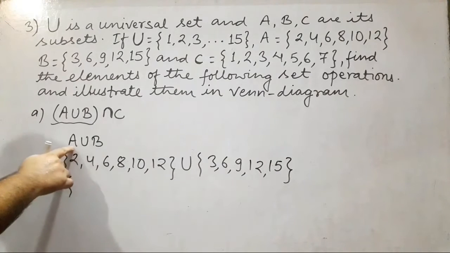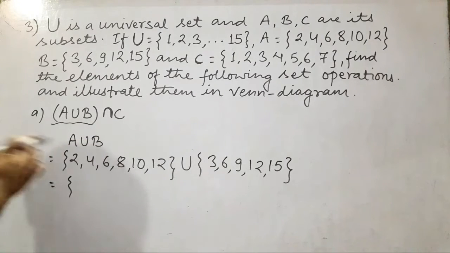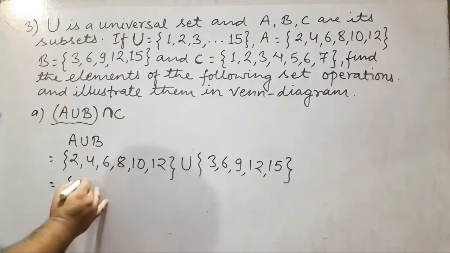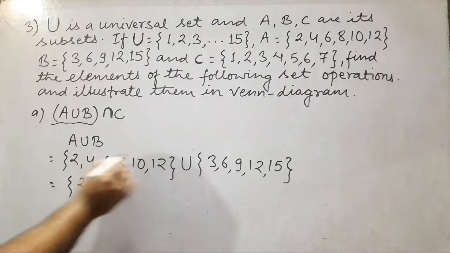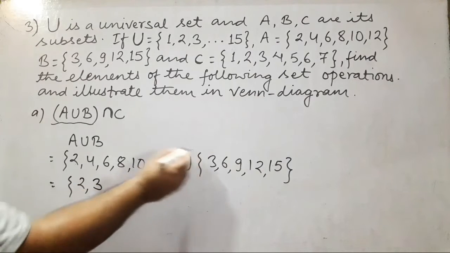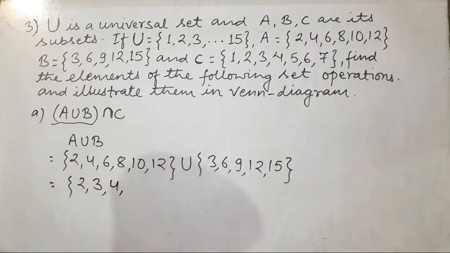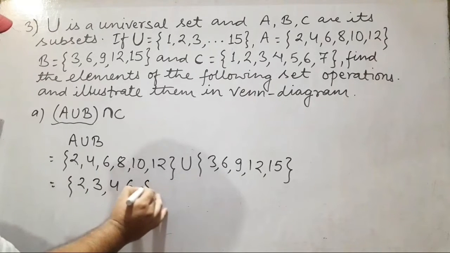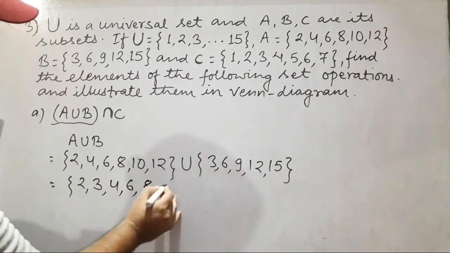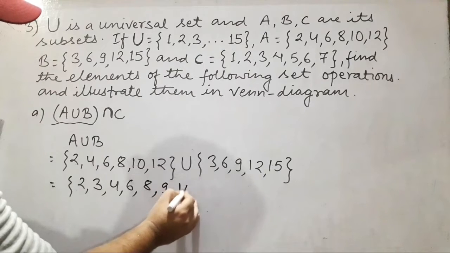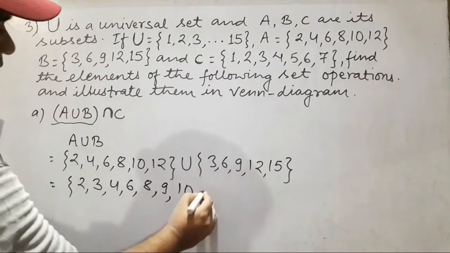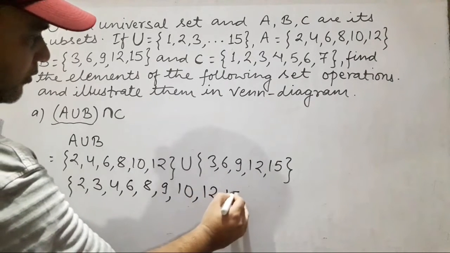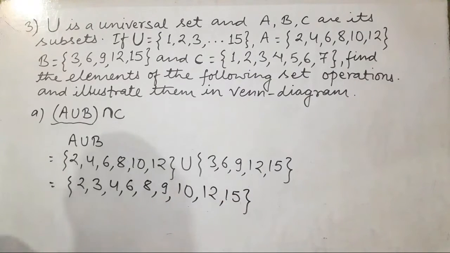Since A is combining with B, that is A union B, we have to write down all the elements. So 2, 3, 4, let's write serially, and 6, 8, 9, 10, 12 and 15.